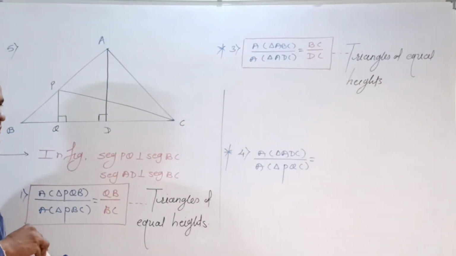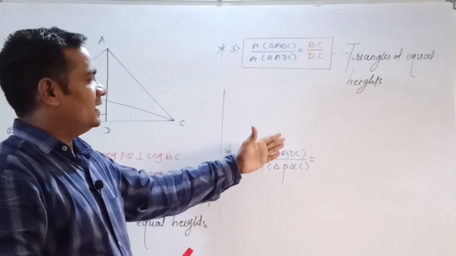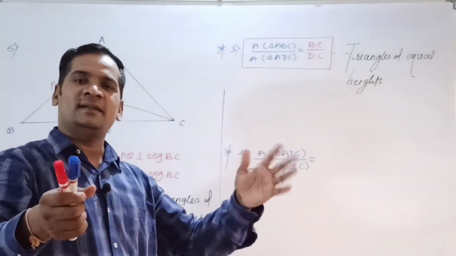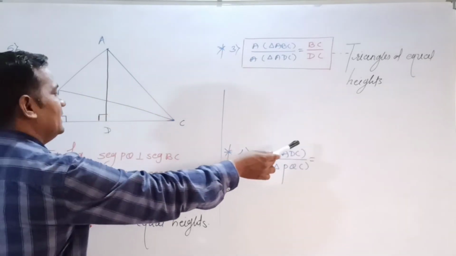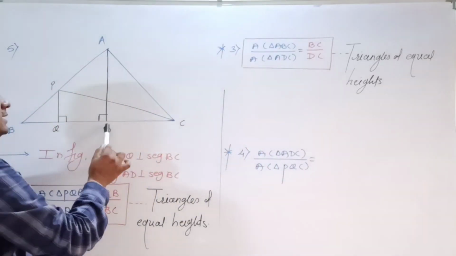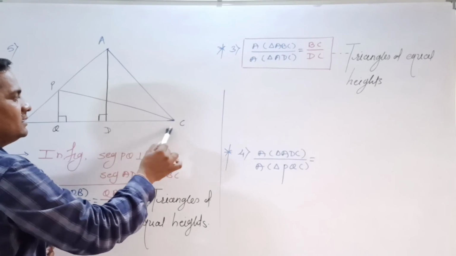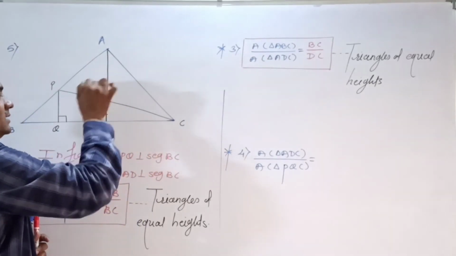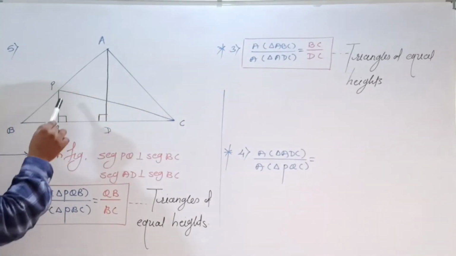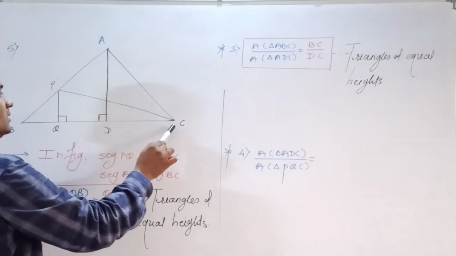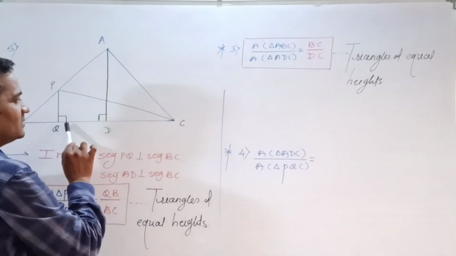And look at the last ratio, in which again two triangles are given. Let's find out the base and height of both triangles. Now triangle ADC, DC is the base and AD is the height. Now triangle PQC, this QC is the base.